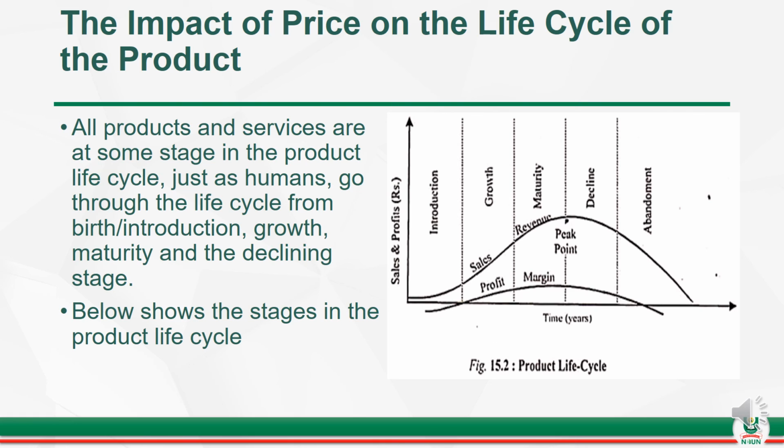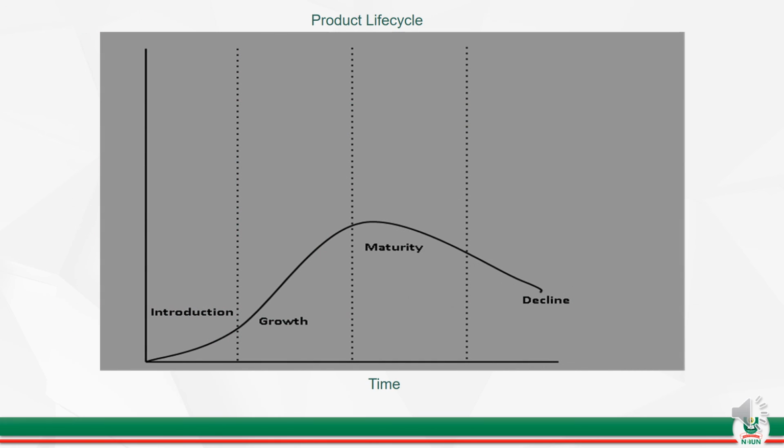We also begin to see decline, where the business has started falling or people are moving away from the purchases. Then we have abandonment. That is a life cycle. We can see the introduction, the growth, the maturity, and the decline, and that is how it moves.